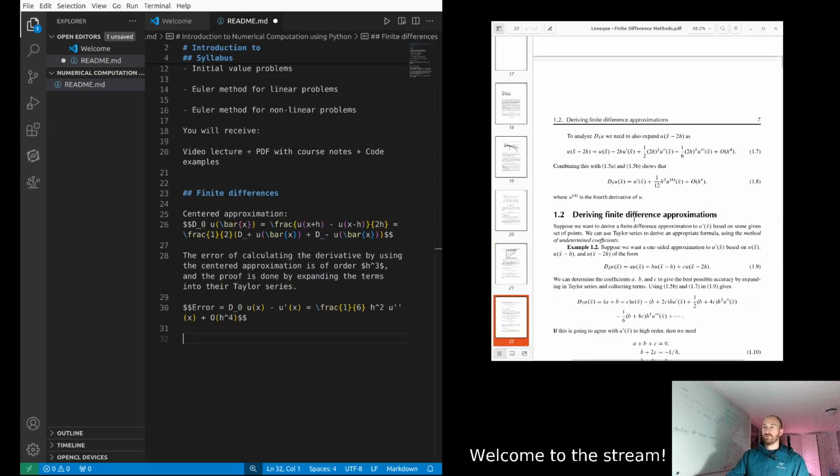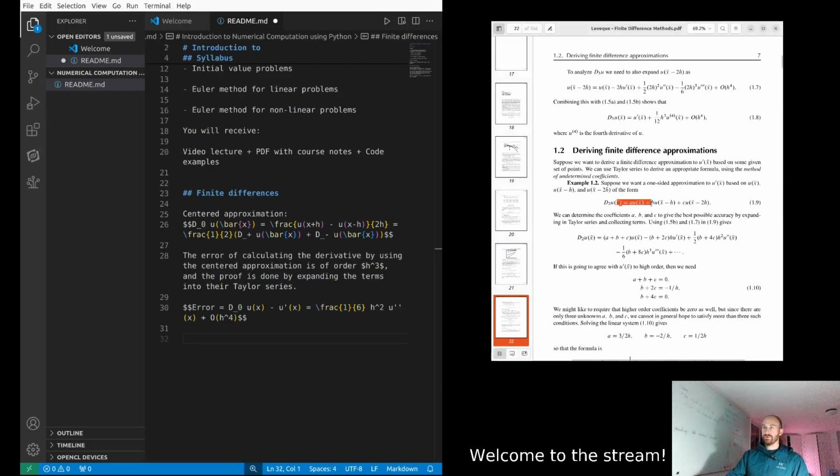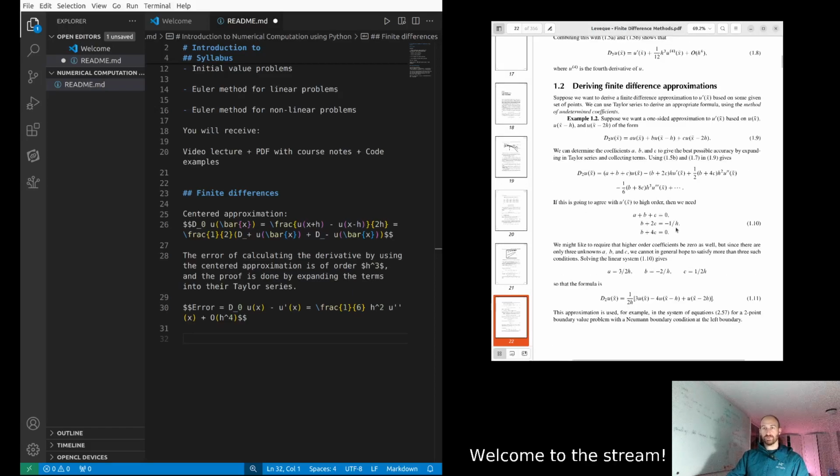There are many more finite differences that you can do, and when we're discussing actual problems with boundary conditions, we will see that it's not so trivial to do the center approach. So we might have to do some kind of directional or one-sided derivative, or come up with a strategy like this one, for example, which is a special case when we want a one-sided approximation of the derivative that is actually accurate to a higher level.